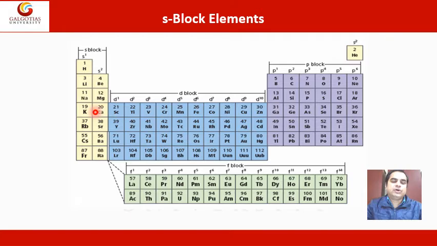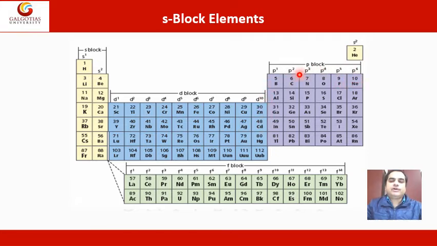Out of these 18 columns, the first two columns, groups one and two, mainly consist of S block elements. The block shown in blue represents the D block elements, from the 3rd to the 12th groups. The light purple block is from groups 13 to 18.